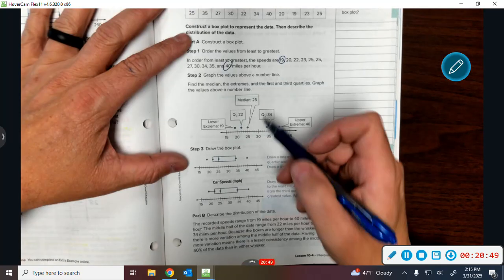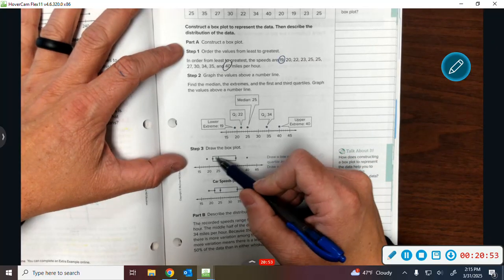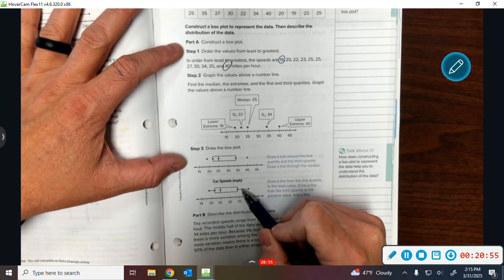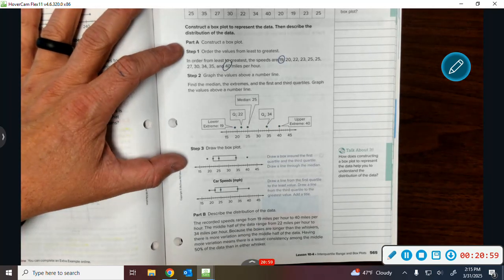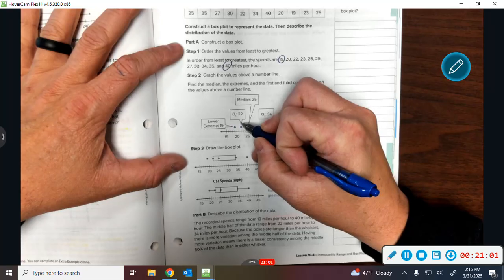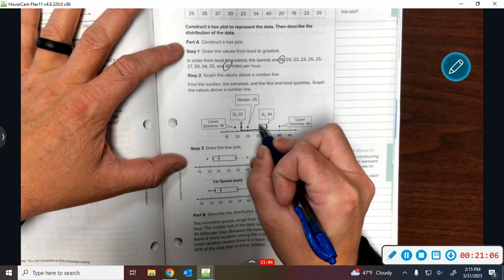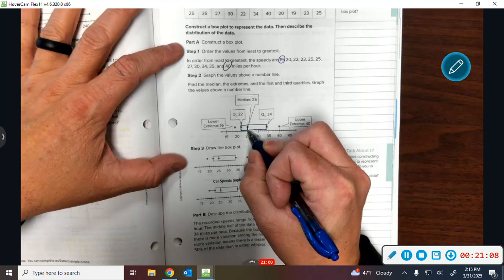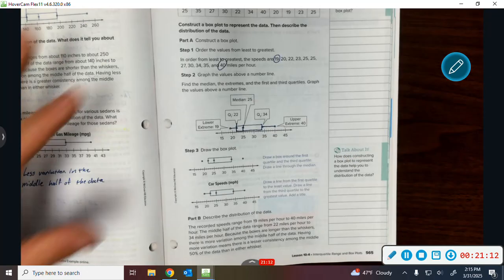Then we draw a box around the upper and lower quartile, and then we draw our whiskers out to the extremes. So we put a box around our quartiles, a line through the median, and then draw our whiskers out to the extremes.